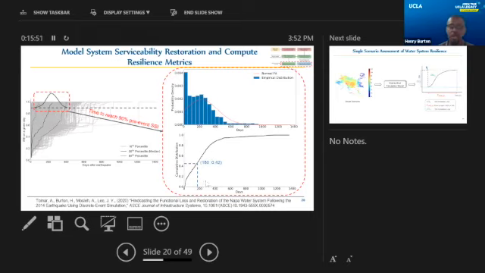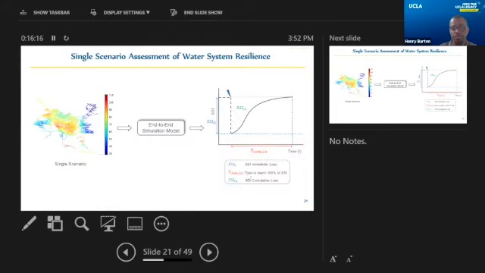Now with this, we can ask questions like, what's the probability that the time to restore the 90% pre-event SSI is less than some number? For example, we can look at 180 days, or 6 months, and we see here that it's about a 42% probability that we would restore 90% of the SSI within 6 months.